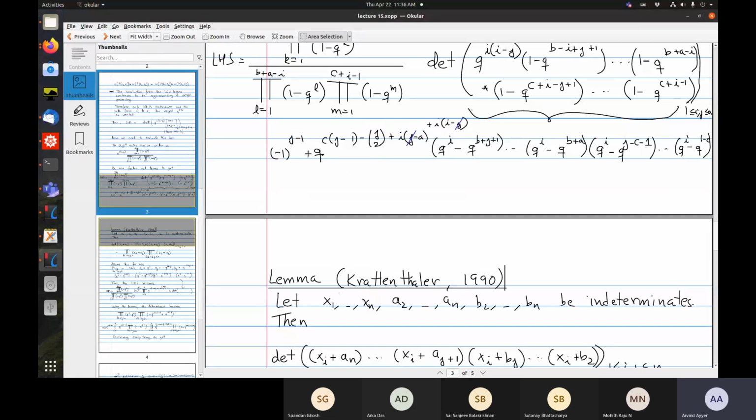I had written j over here just to make sure that it's clear that I am removing these common factors according to columns and these common factors according to rows.